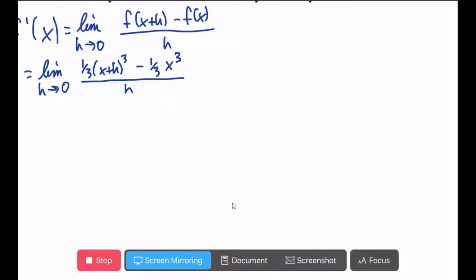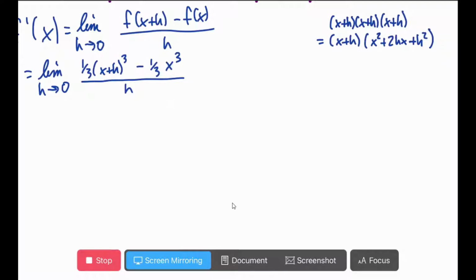All right, let's go to our next line. The tricky part here is going to be dealing with my cubed term. So we can do this off to the side. We can do x plus h times x plus h times x plus h, and that's going to be x plus h times x squared plus 2hx plus h squared.